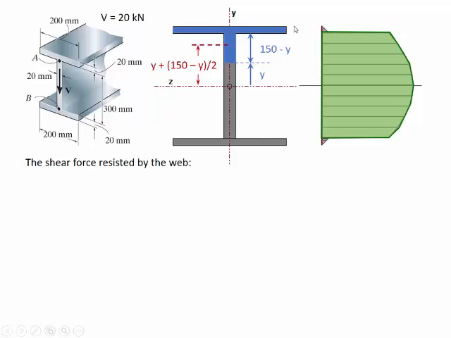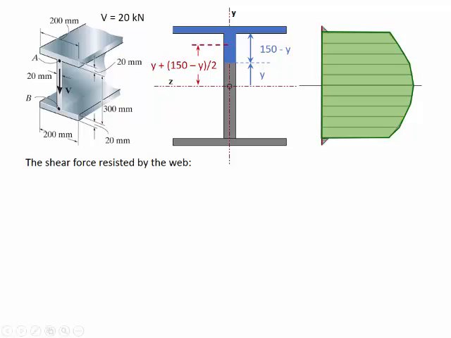So it would be the first moment of area of the area highlighted in blue. Note that I would decompose it into the flange and that portion of the web. The portion of the web would be, the width would be the 20 millimeters times the height, which would be the 150 minus y, and then the centroidal distance to the neutral axis would be given by this value.